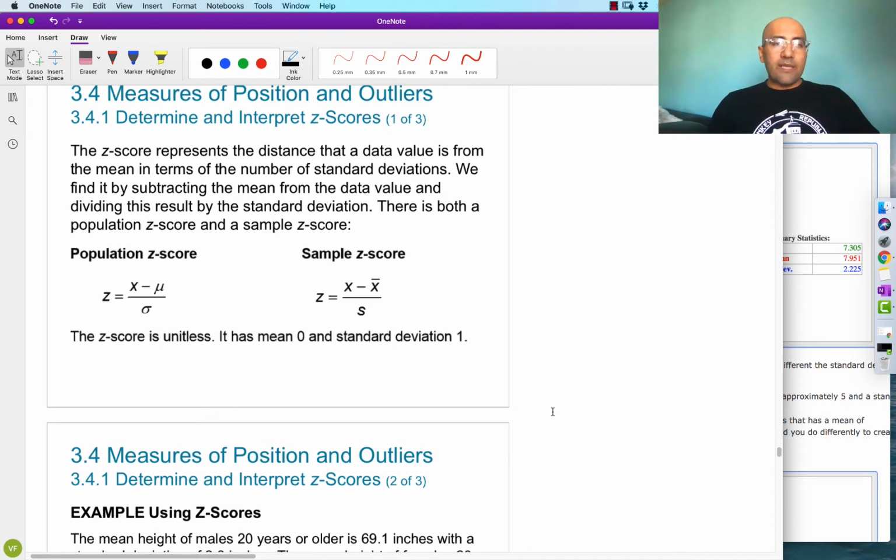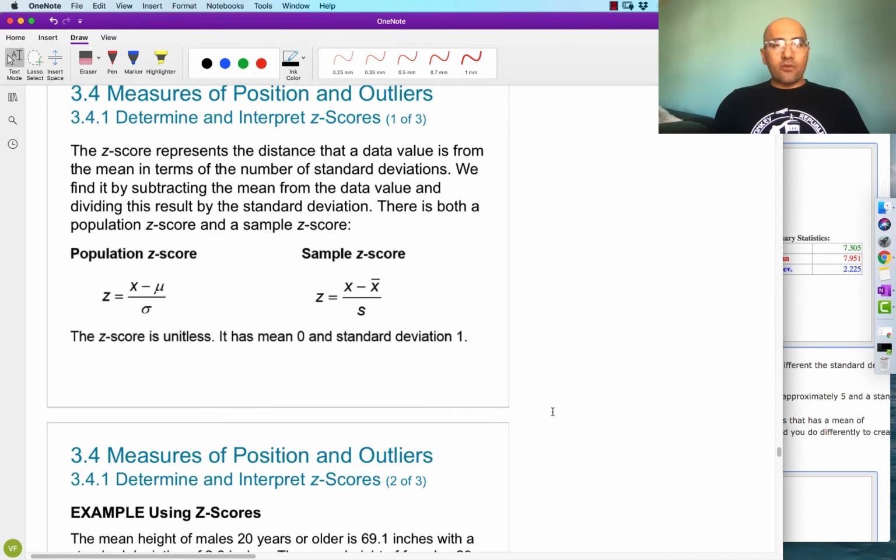Good. So the z-score represents the distance that a data value is from the mean in terms of the number of standard deviations. We find it by subtracting the mean from the data and dividing this result by the standard deviation.